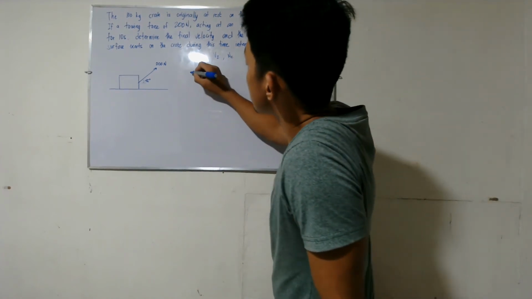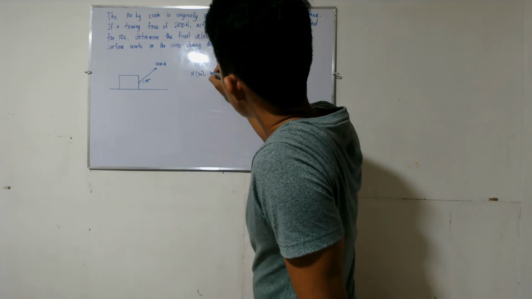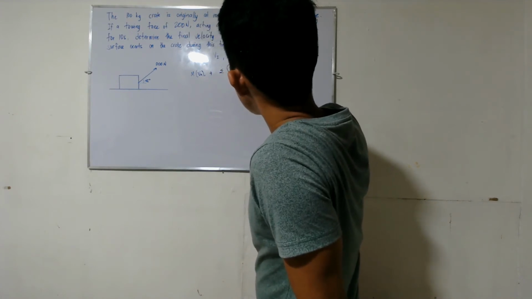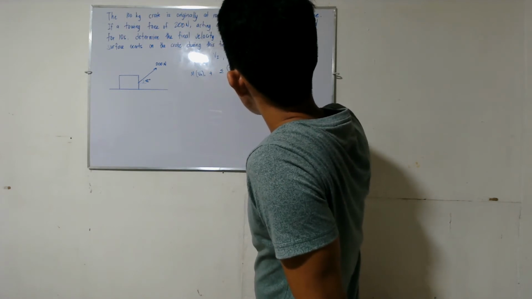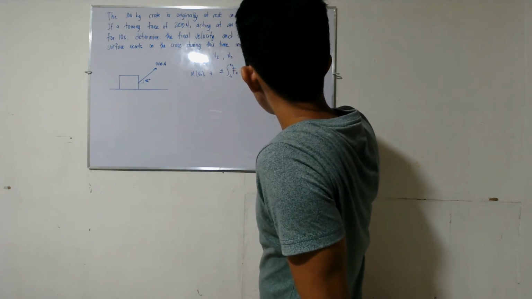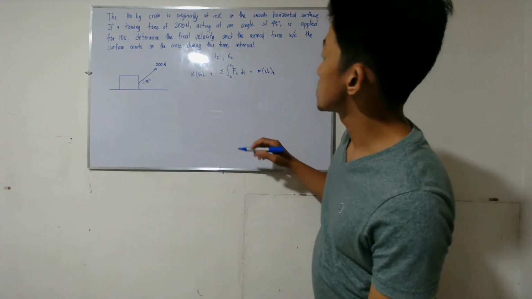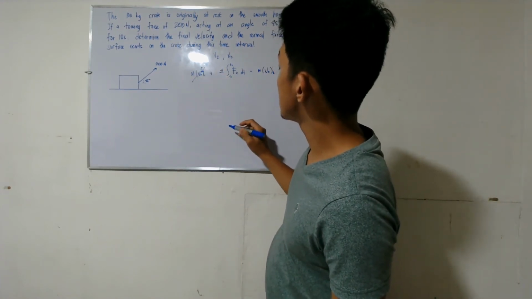So you have m v sub x1 plus summation of forces along x dt is equal to m vx2. Okay, since it is stated that it is at rest, so this is 0.